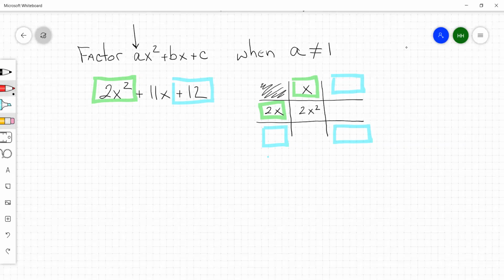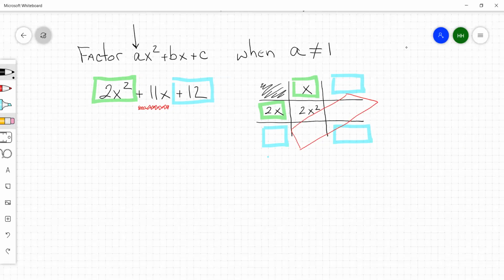But these two boxes added together have to add to your positive 11x. So this becomes trial and error at times. We need 4 and 3. I'm thinking of 4 and 3.